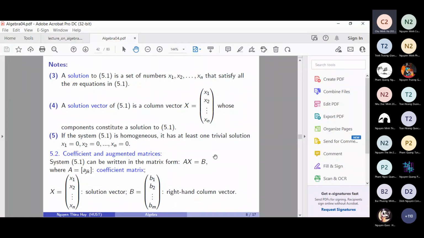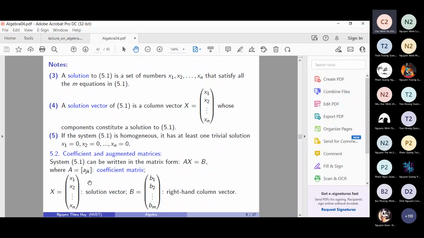So coefficient and augmented matrix. As you saw on the whiteboard, we can write system 5.1 in the matrix form Ax equals b, where A is a jk, as I already wrote on the whiteboard, and this matrix is called the coefficient matrix of the system 5.1.